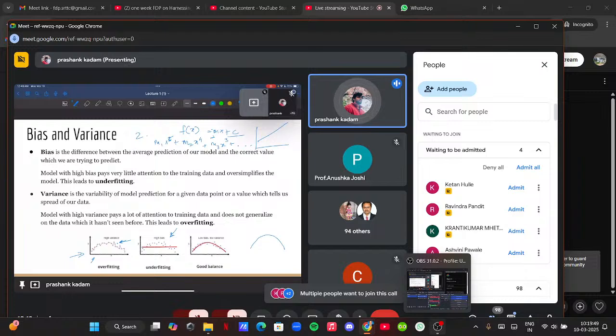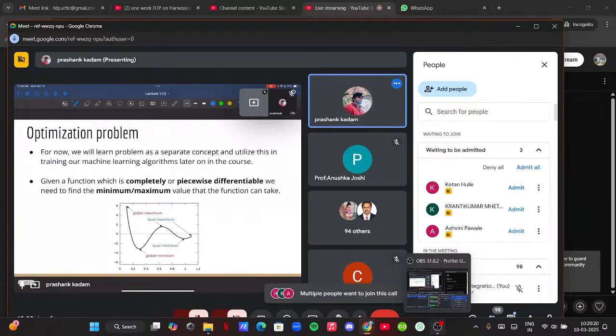There should be a good balance between bias and variance of your model, which you can see in image 3, where it's not exactly fitting, but it's representing the data in a way where it is fitting the distribution really well. And this is essentially what we are trying to do: not overfit or underfit. So this is bias and variance, very commonly used terminologies in ML.